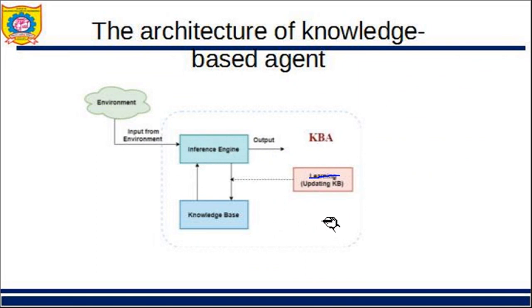In this fashion it works together. The inference engine takes the input, and this input is given to the knowledge base, which already has some previous facts plus certain new knowledge. It combines all together, generates a conclusion, and the conclusion is given as an output.